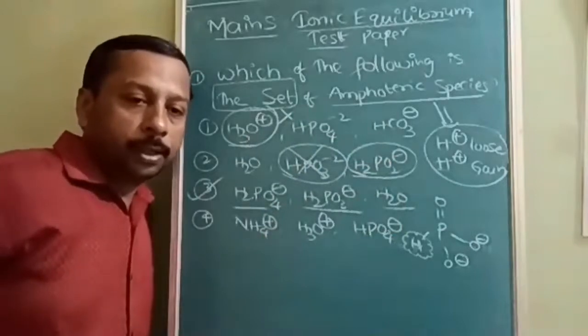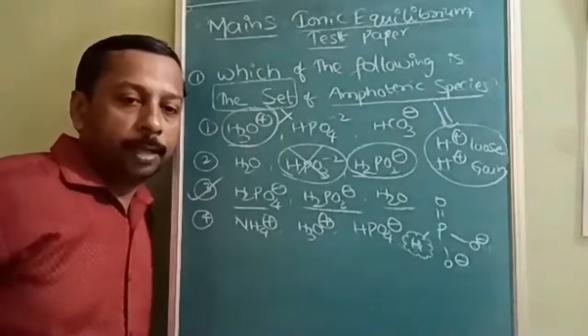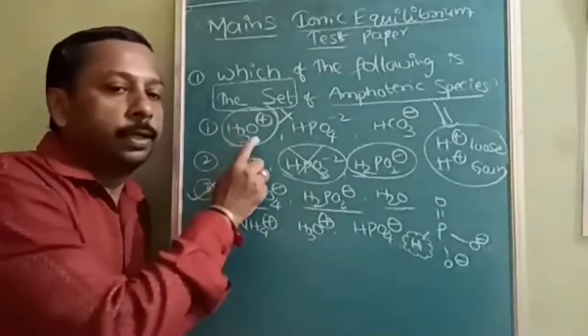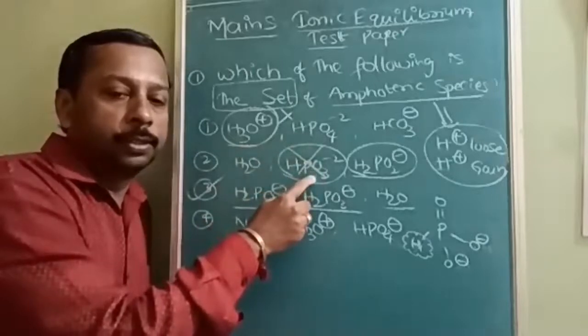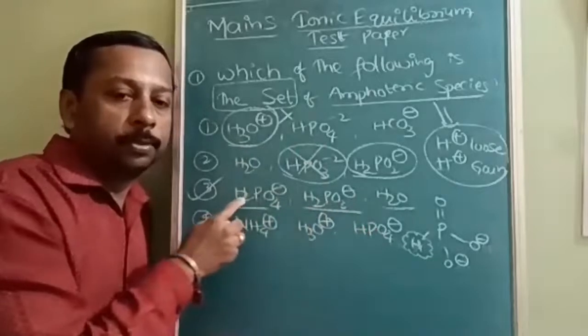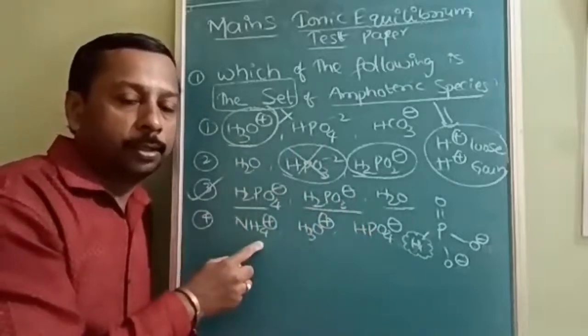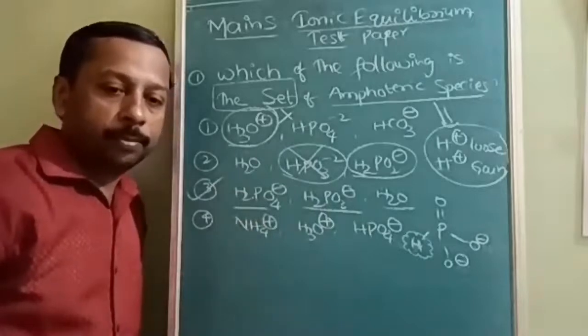This is what is called time management. Instead of checking everything, you should save time. If you are confirmed that it is not at all possible, then you need not go further. Like here, I understood this is not at all, and here I am confirmed that these three are possible, so I have not gone through this. So, time management as well as application of the concept. Both, is it understood?